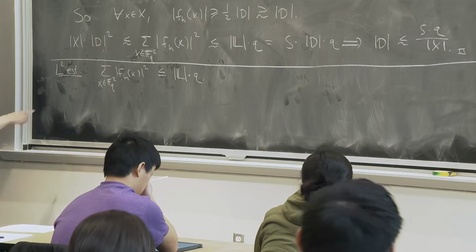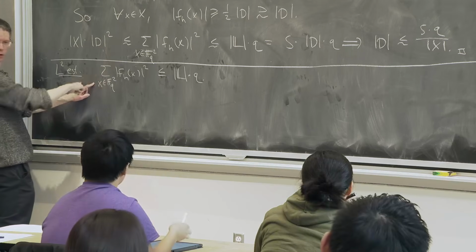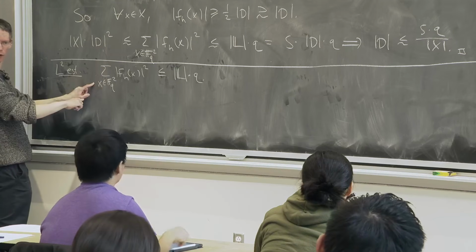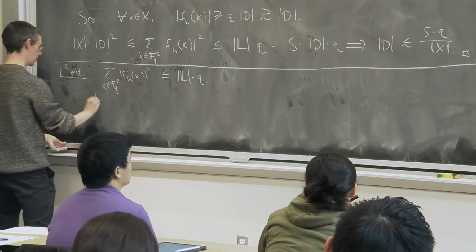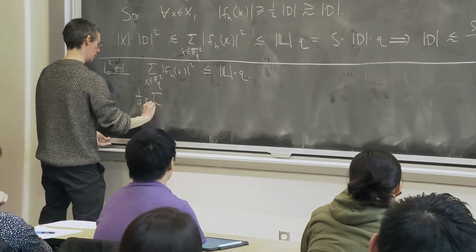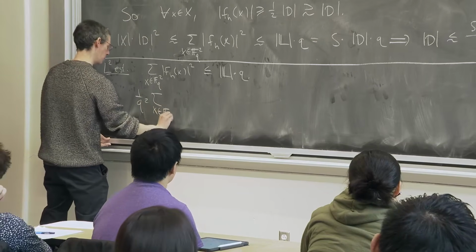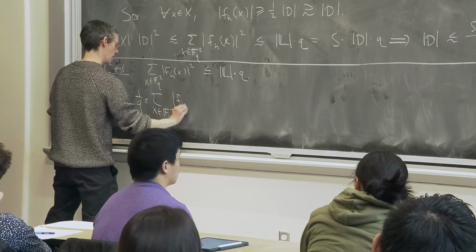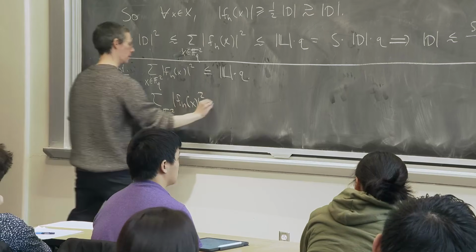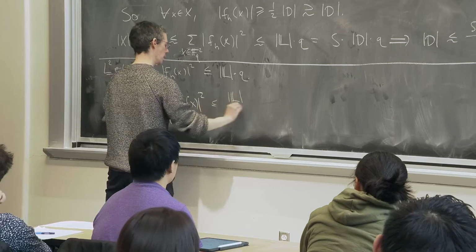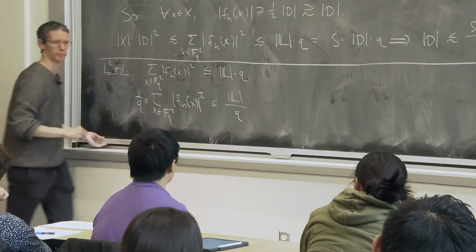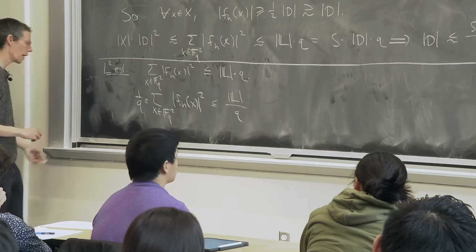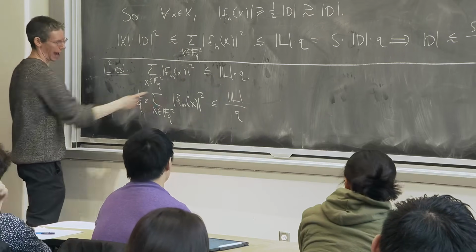And it helps me a little bit to replace the sum by an average. So I'm going to divide both sides by Q squared. If I take 1 over Q squared, sum over x in F_q squared, fh of x squared, then that's bounded by the number of lines divided by Q. OK, so this is an L2 version of an average.